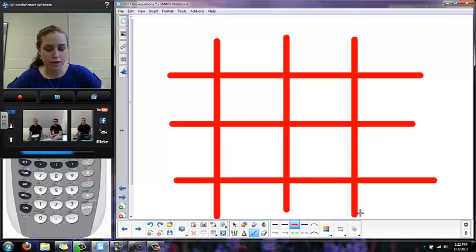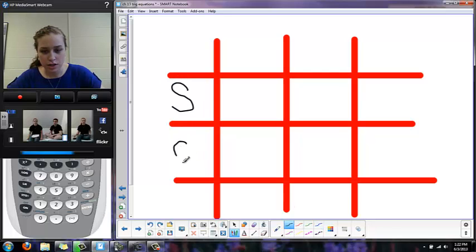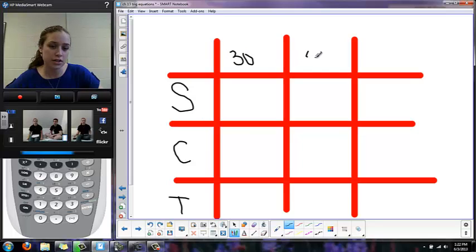Alright, so we have sine, cosine, and tangent. Now, always remember that the order you put these in is extremely important. If you put them in the wrong order, then you're not going to get the right answers because your method isn't going to work. So sine always comes before cosine. We're looking at 30 degrees, 45 degrees, and 60 degrees.